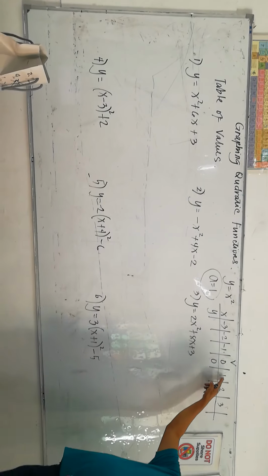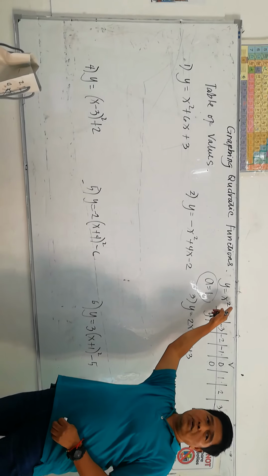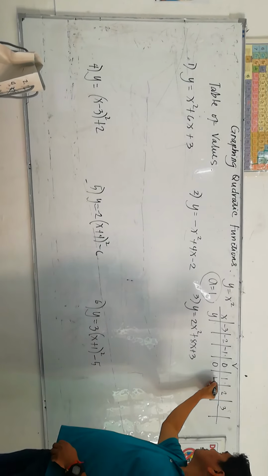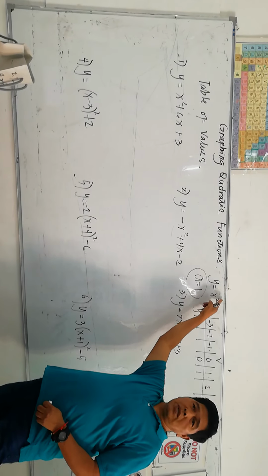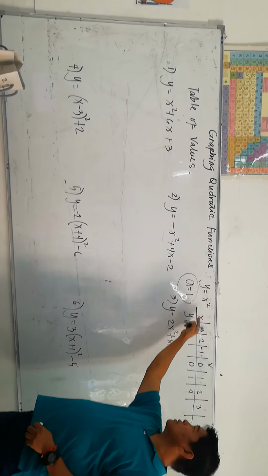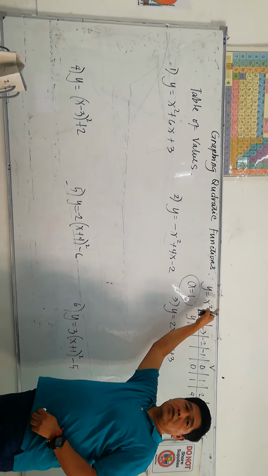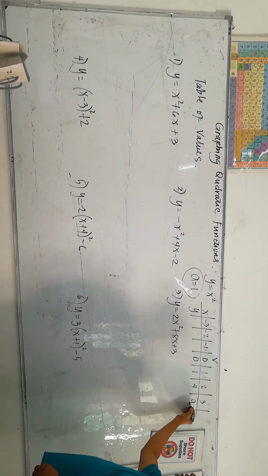When x equal to 1, you just plug in 1 here, so 1 squared equal to 1. When x equal to 2, 2 squared equal to 4. When x equal to 3, 3 squared is equal to 9.